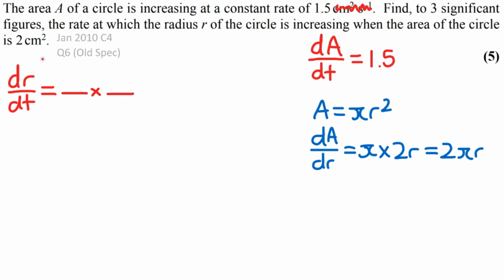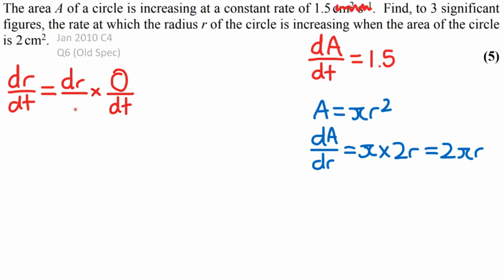So we have now got a differential equation for dA over dr. When we look at what we want for the final answer, we want dr over dt. And when we look at the two differential equations that we're going to multiply together, we're going to want dr in the numerator, because that's what we want to be left over with. And in the other differential equation, we're going to want this dt in the denominator, because we want this left over in the final answer.